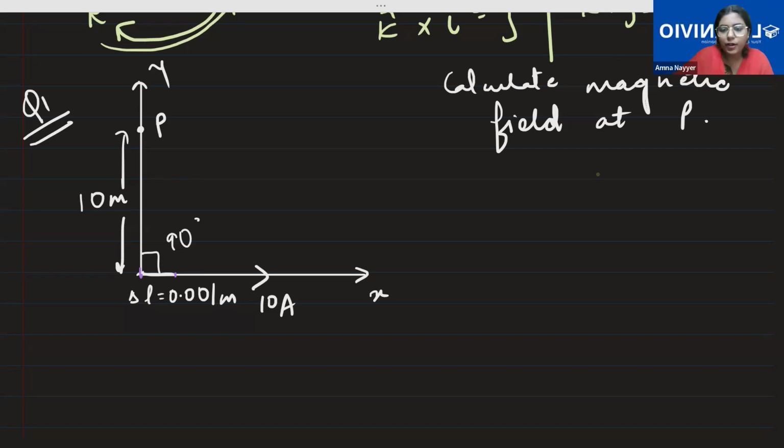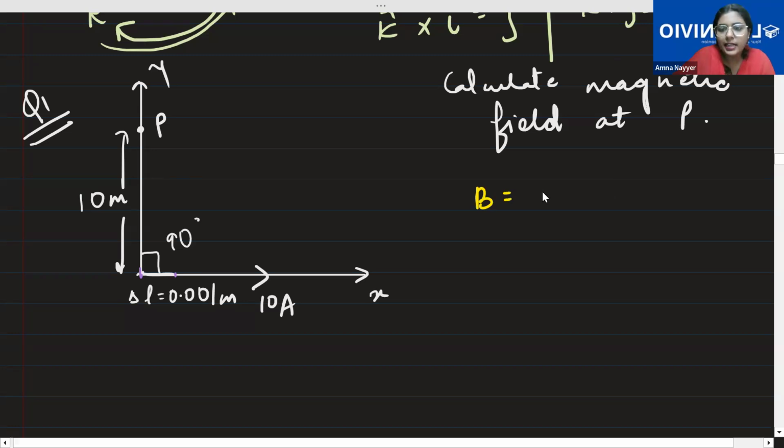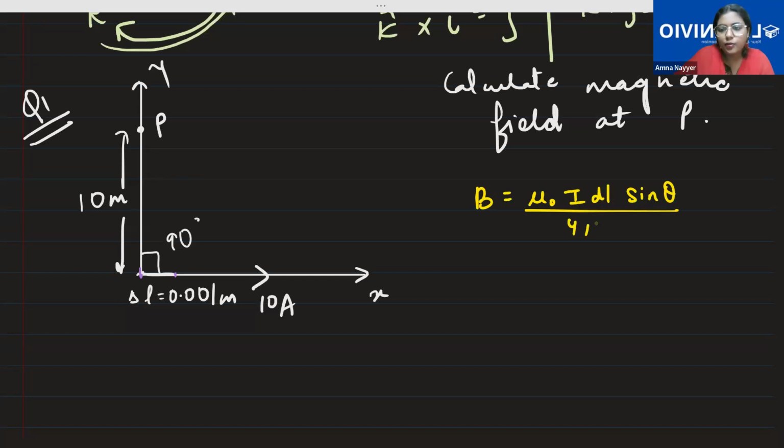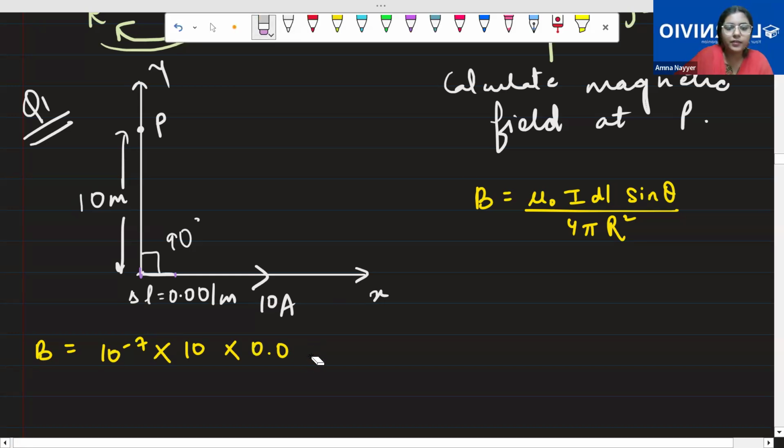Now, for the magnetic field at point P, we have to use the Biot-Savart law, that is mu naught I dl sine theta by 4 pi r square. Now see, all the values that we will put. Mu naught by 4 pi is 10 to the power minus 7, into current, which is 10 ampere. Delta L, this small length, is 0.01. Then sine 90 degree is present over here.